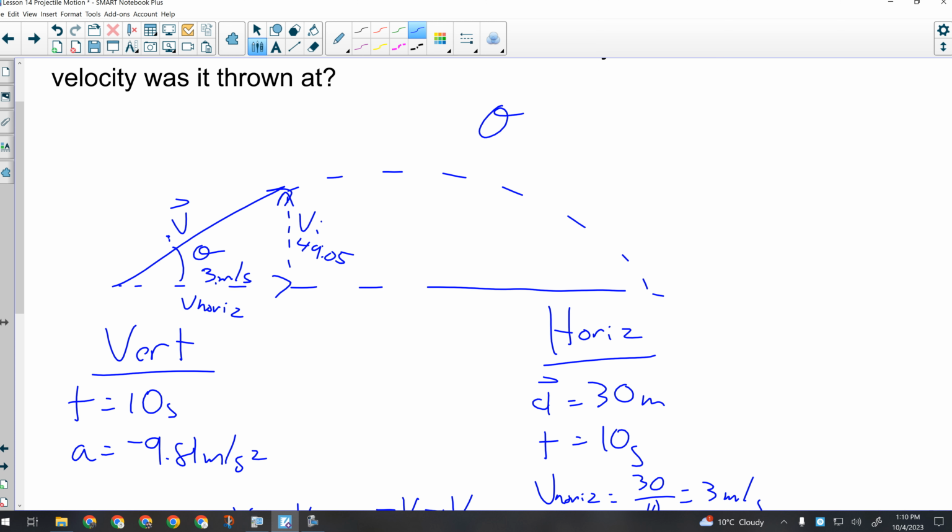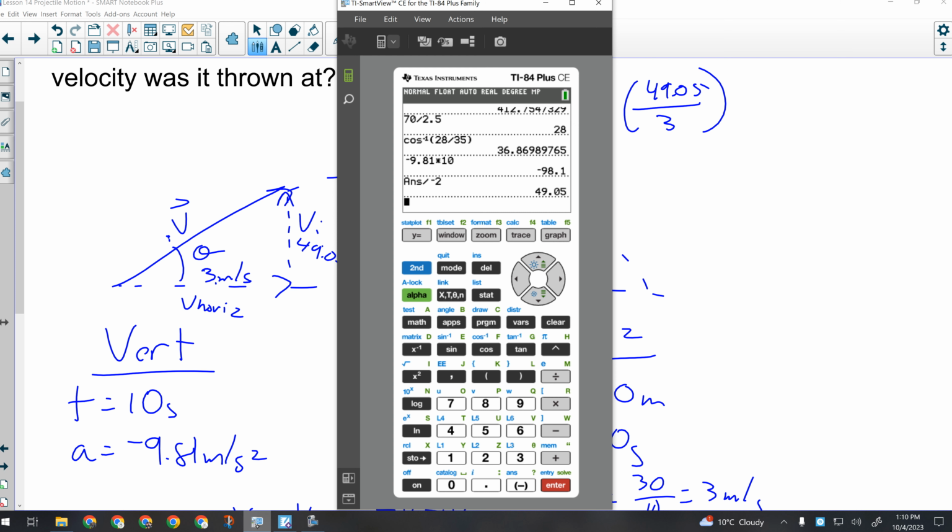So that angle is going to be tan to the minus 1 of the opposite side over the adjacent side. Okay, 87 degrees, so almost vertical.